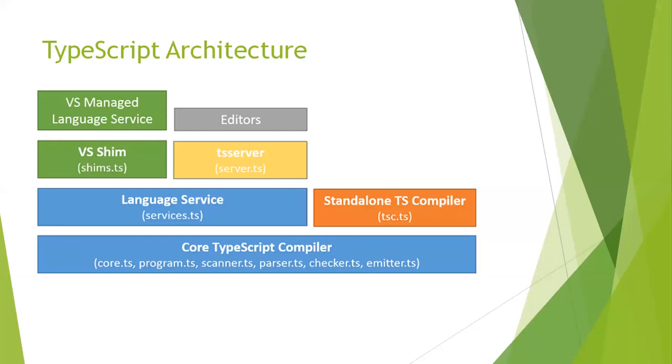Loading the TypeScript programs, compiling, processing, executing, everything is done on TypeScript server. And translating the code into understandable code of all platforms is done by shims. And the service which is understandable to every operating system is called managed language service, right? This is the basic architecture of TypeScript we discussed.